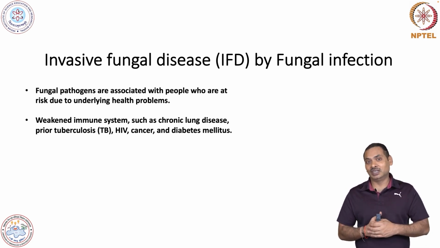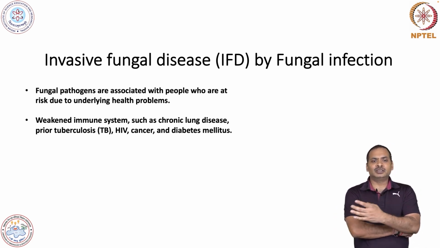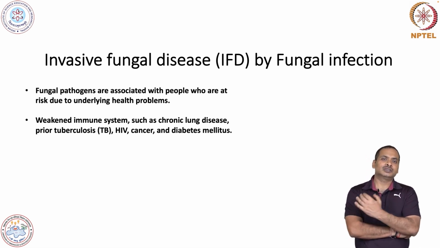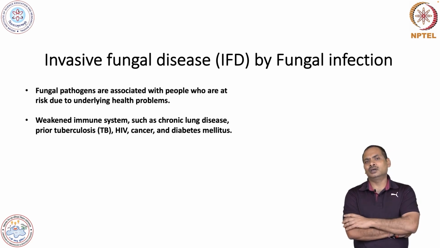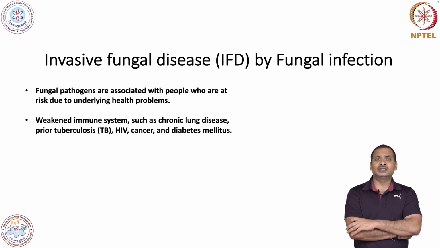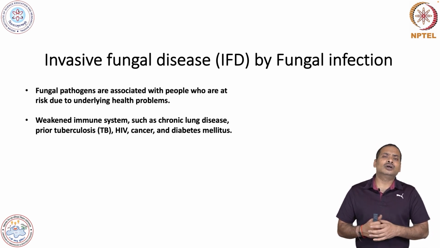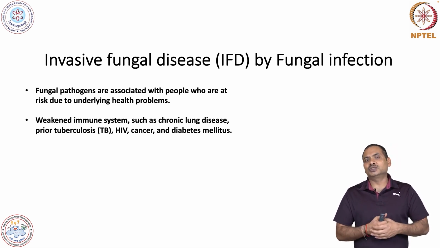Okay, if you remember that session. So, weakened immune system such as chronic lung diseases, pre-tuberculosis history, individuals infected with human immunodeficiency virus, individuals who had cancer or diabetes mellitus. Okay. So, these individuals are more susceptible.